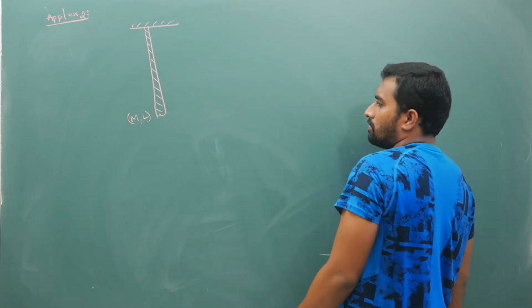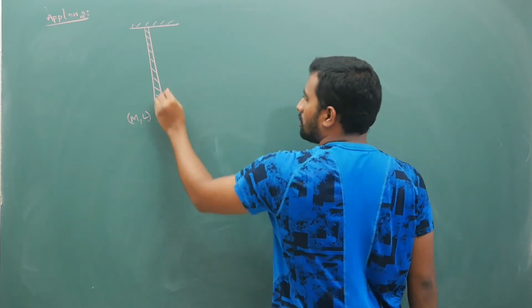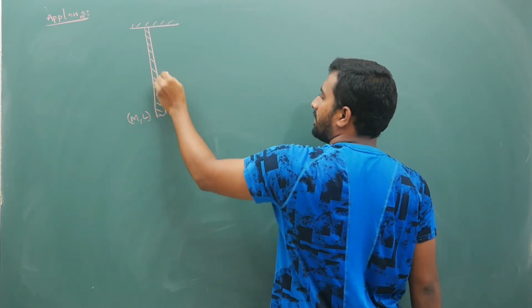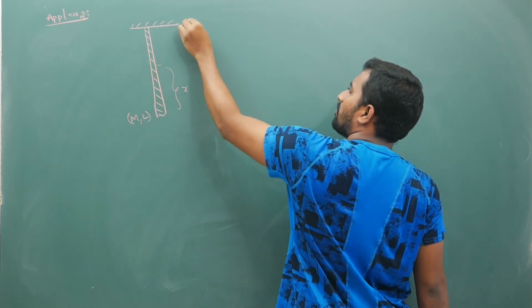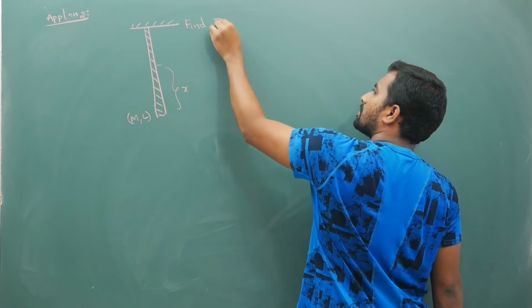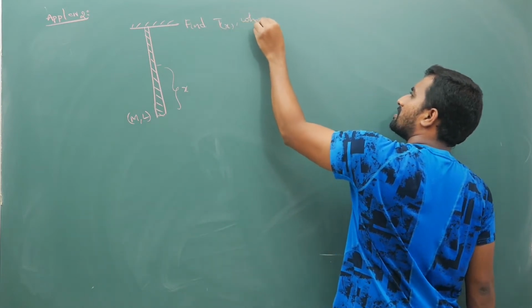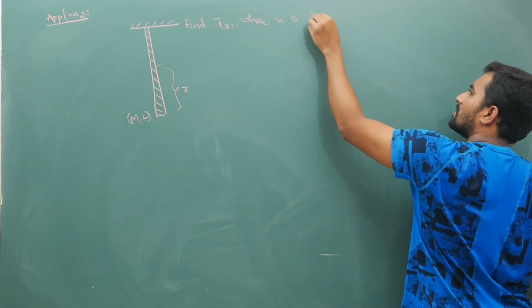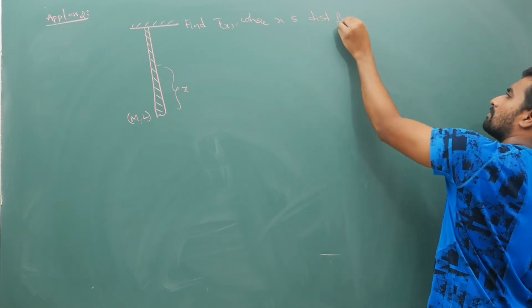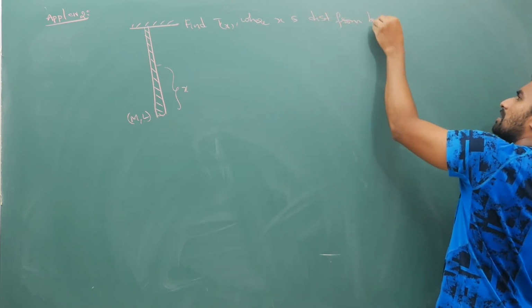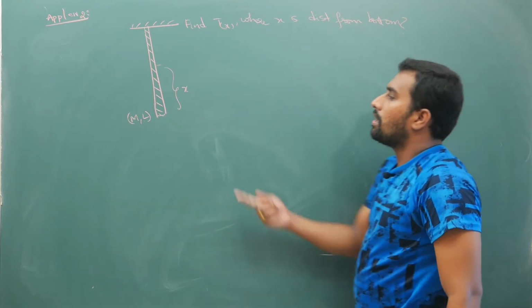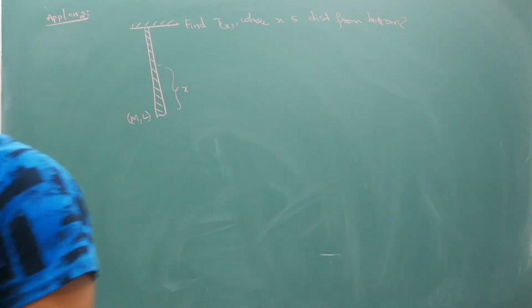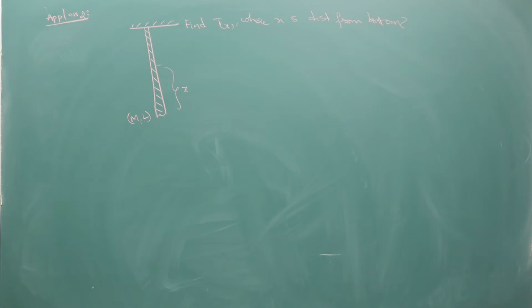Now from the bottom you are supposed to calculate the tension. Find T of x, where x is the distance from the bottom. In the previous question also, which side you are taking from is important. So here you are supposed to give the tension at the bottom.